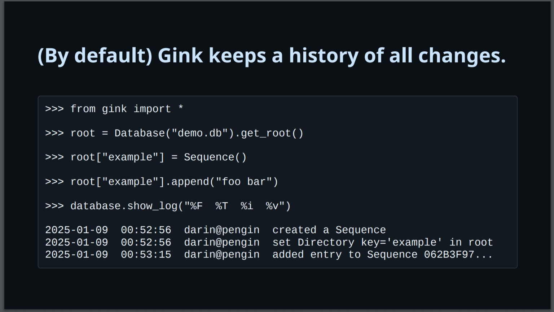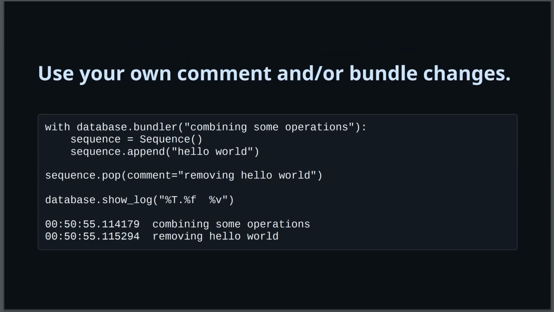And thirdly, we appended that foo bar value to that sequence. The show log here is passing in a format string because the full log shows the transaction IDs and stuff like that. So I'm just showing that it keeps track of the timestamp as well as the user that created it, or any other identifier that you want to identify yourself as.